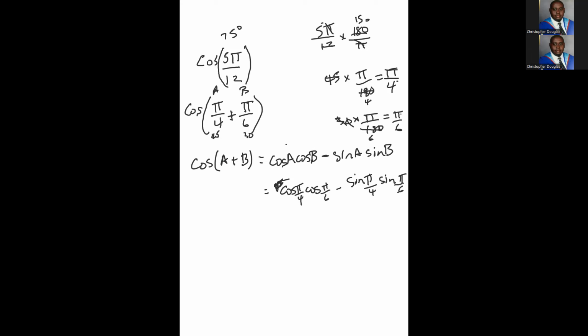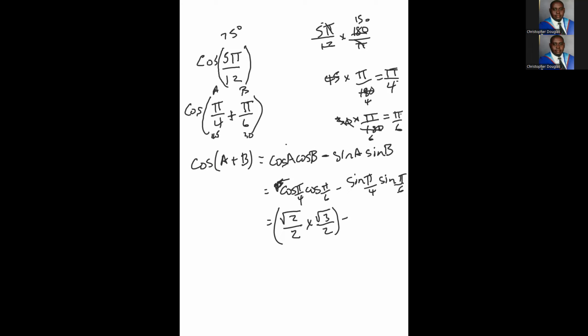Cosine pi over 4 is root 2 over 2 by rationalization, multiplied by cosine of pi over 6, which is root 3 over 2. Minus. Now I need to know the sine of 45 and the sine of 30.